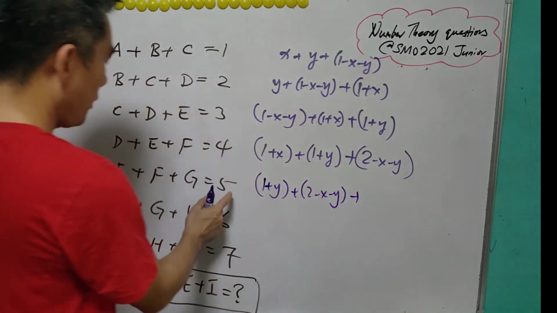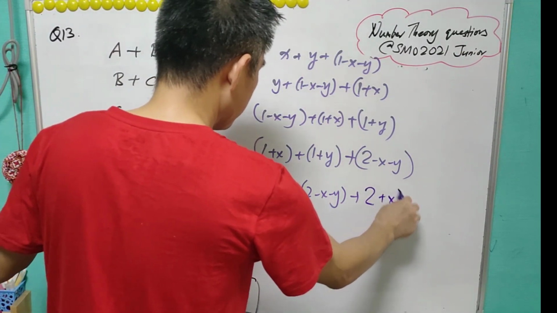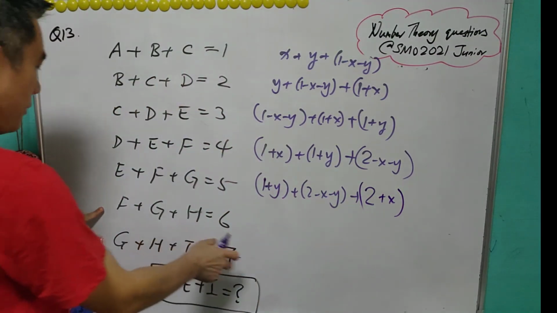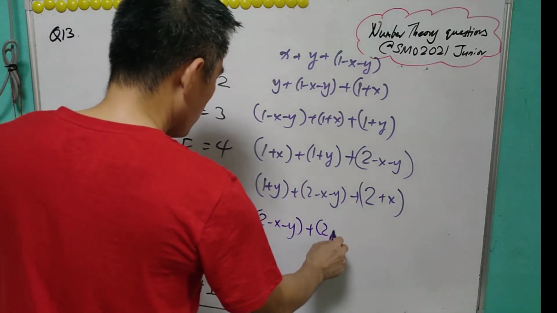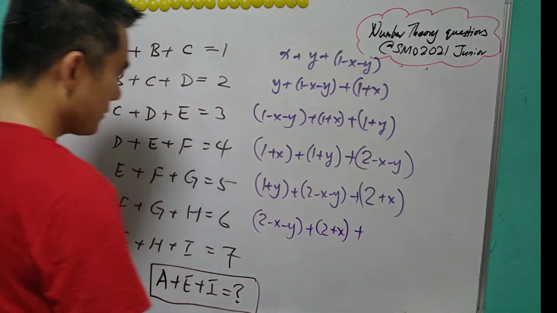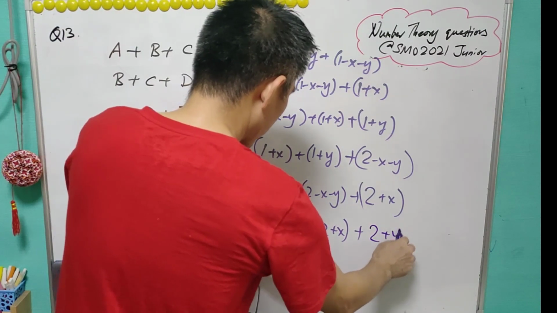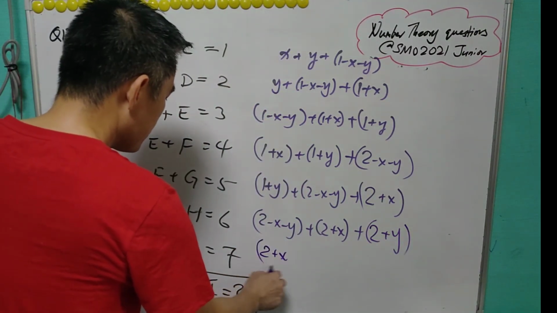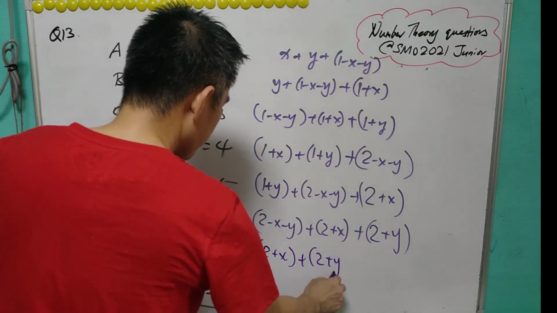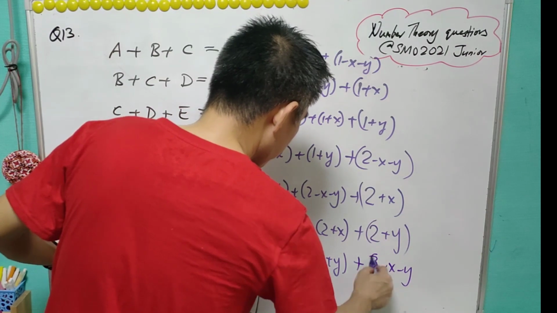In order to get a 5, I need to have a 2 plus x. Then for the next one, 2 minus x minus y, 2 plus x, then it will be 2 plus y. Lastly, 2 plus x, 2 plus y, and it should be 3 minus x minus y.